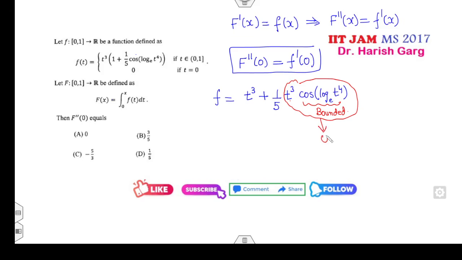So that will go to 0. इसका derivative कहाँ जाएगा? 3t square पे at the point 0 again goes to 0. So f dash at the point 0 goes to 0. So yes, A is the right answer of the problem.